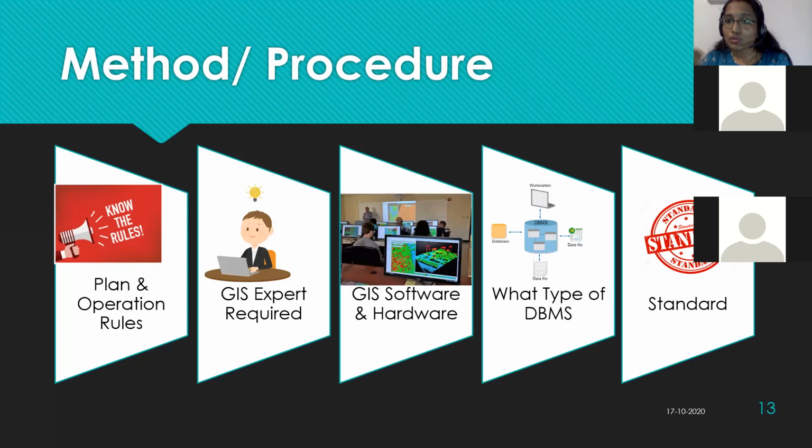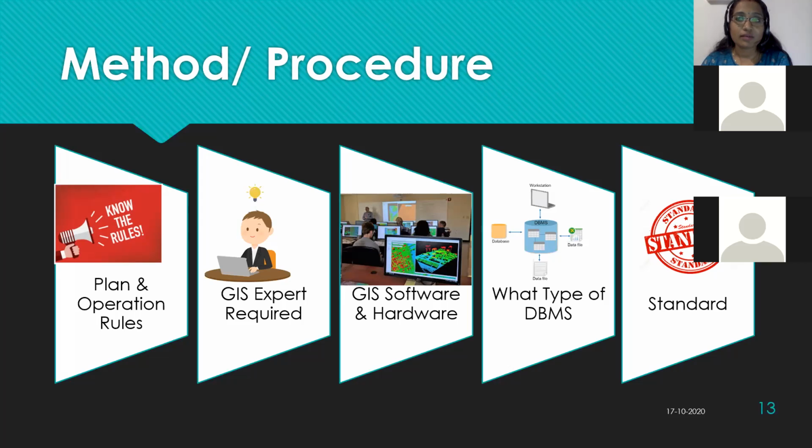Here you can use many different types of software, depending on which the organization prefers. You also have to store whatever data you are working on, which needs a database management system. All these procedures should be made very systematically, so that in a systematic and standard manner you can present it to your client.